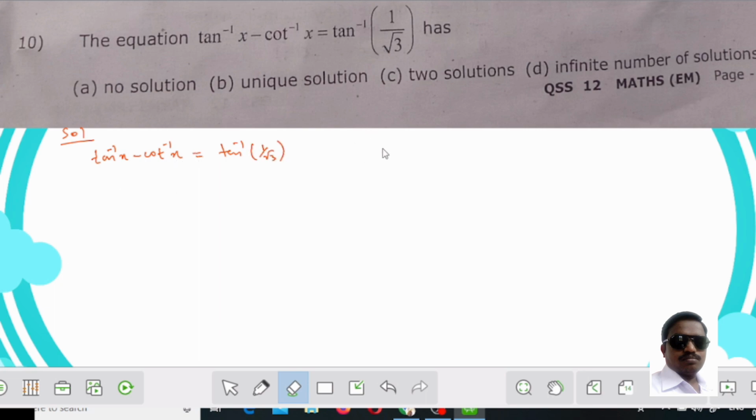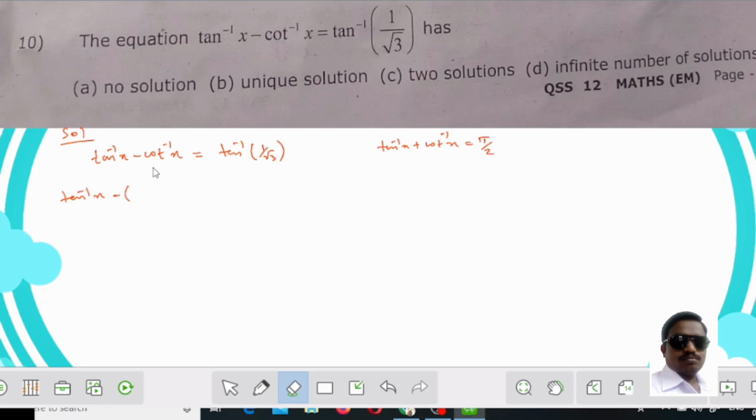We know well the inverse trigonometric property, tan inverse x plus cot inverse x equal to pi by 2. So in place of cot inverse x, we can write cot inverse x as pi by 2 minus tan inverse x.